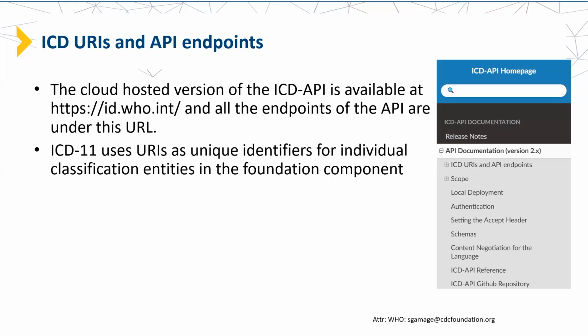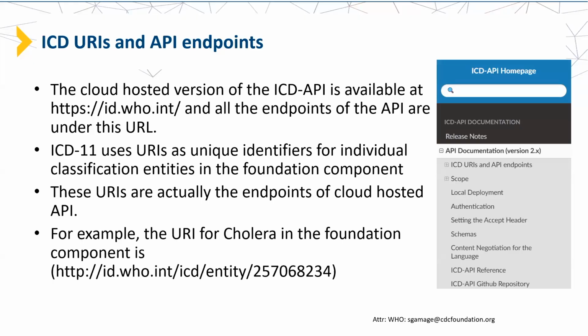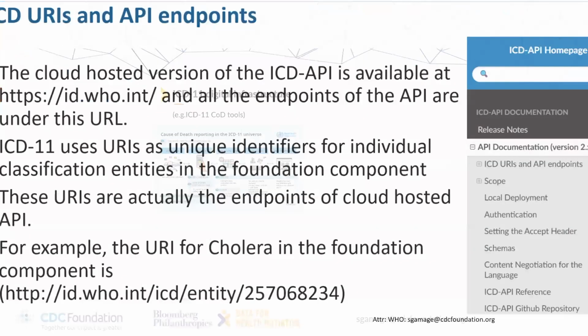And they all have a unique resource identifier and a definite location in the ICD foundation. So these URIs are actually the endpoints of the cloud-hosted API. For example, the URI for cholera in the foundation component is this. For each and every entity in the foundation, there is a specific URI.